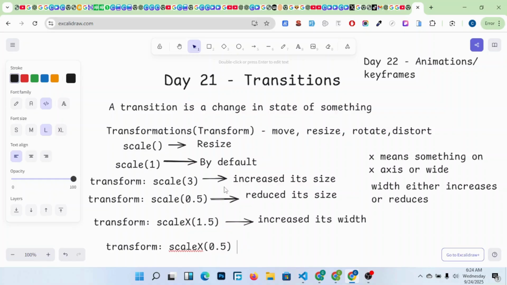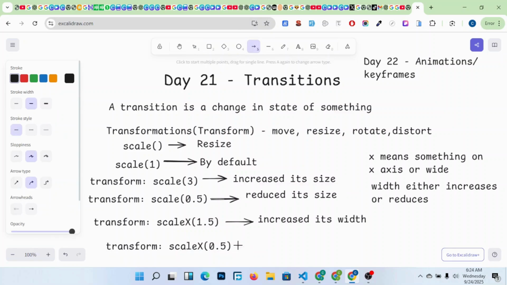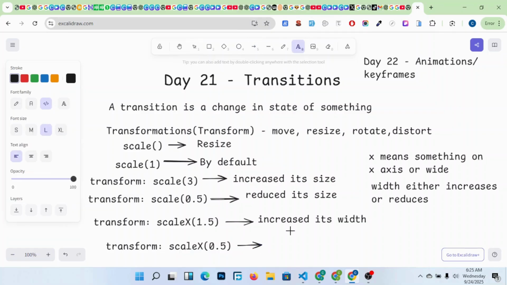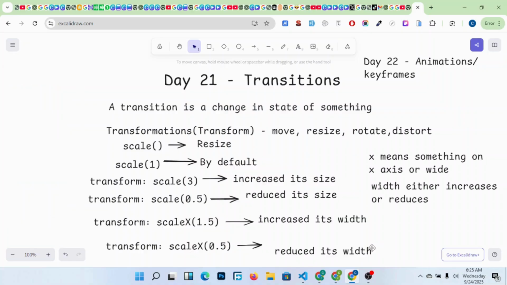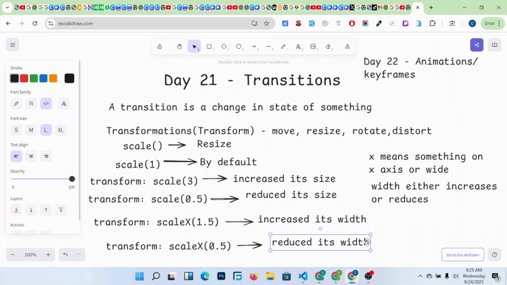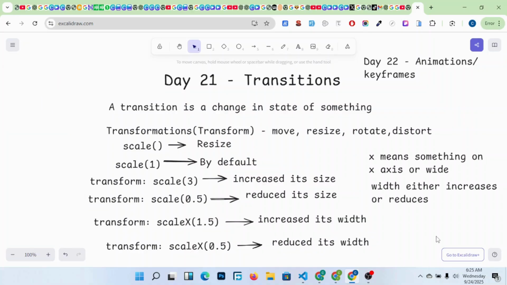This means that I have reduced its width. Everyone, are you seeing this?